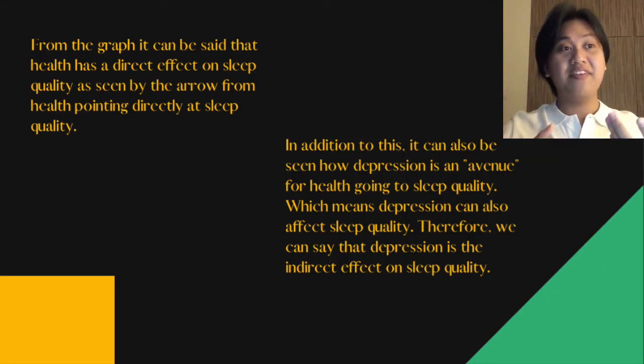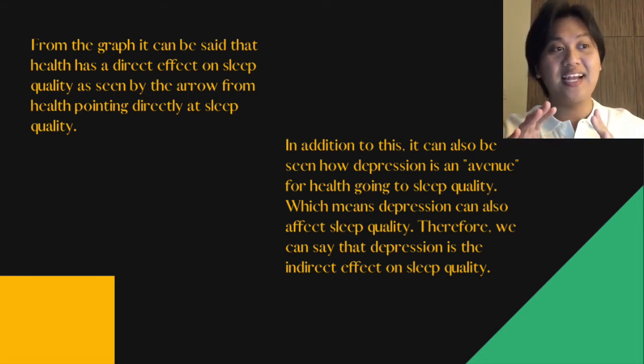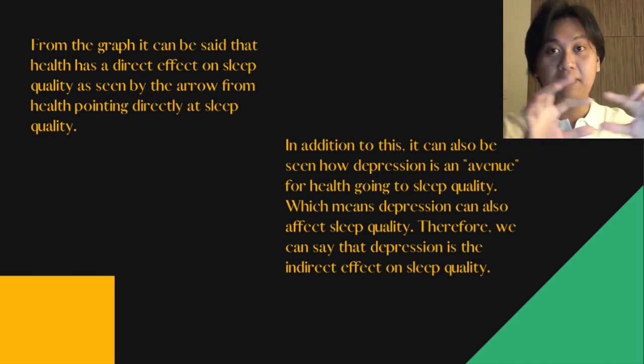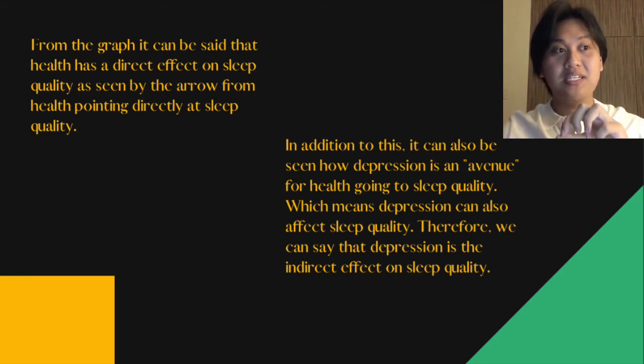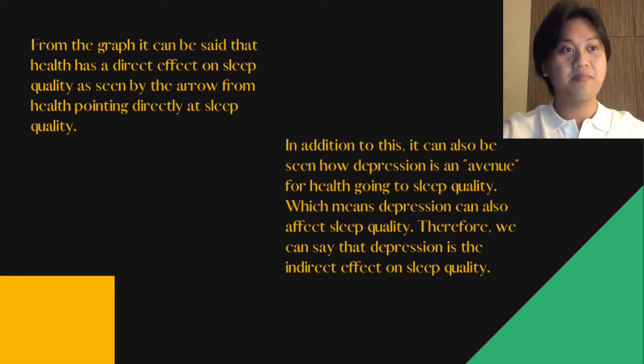From the graph, it can be seen that health has a direct effect on sleep quality. This is seen as the health box has a direct arrow going to the box of sleep quality. Hence, the direct effect. On the other hand, it can also be seen that depression is, quote-unquote, an avenue for health going to sleep quality.